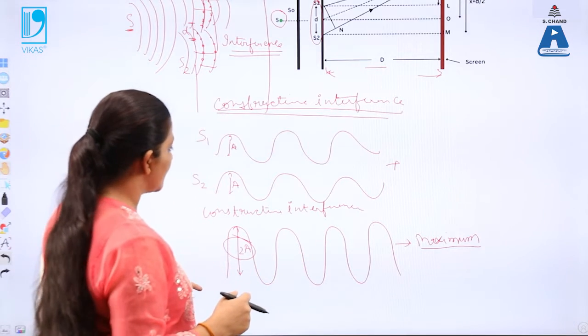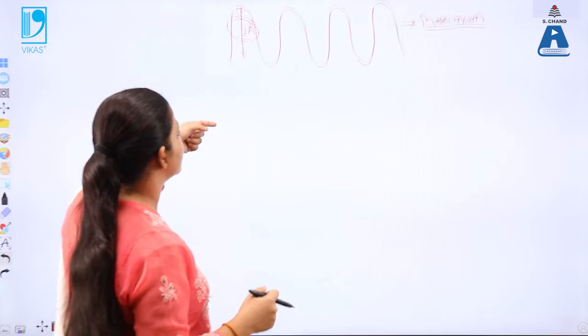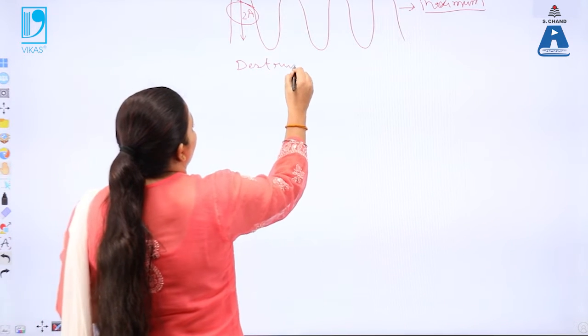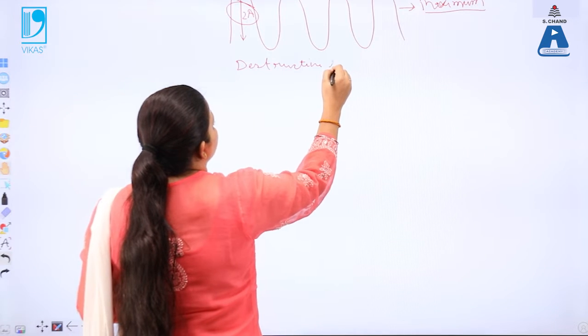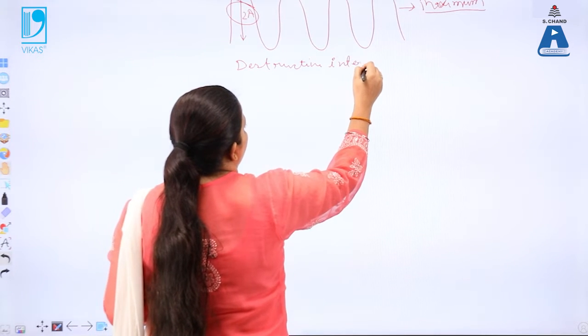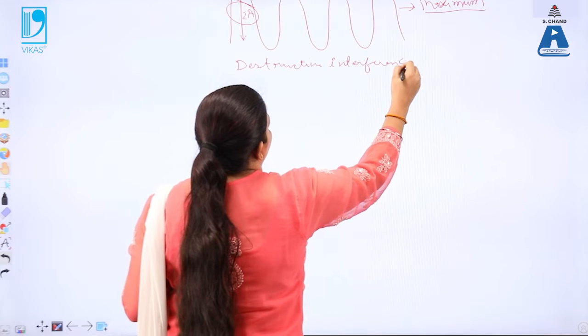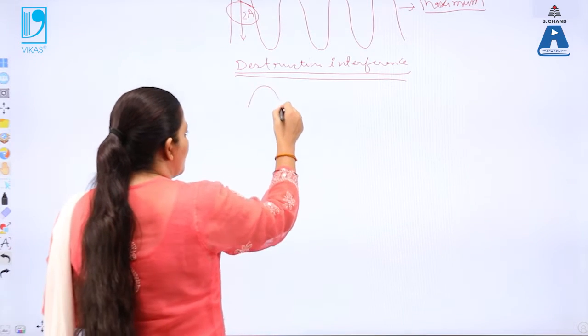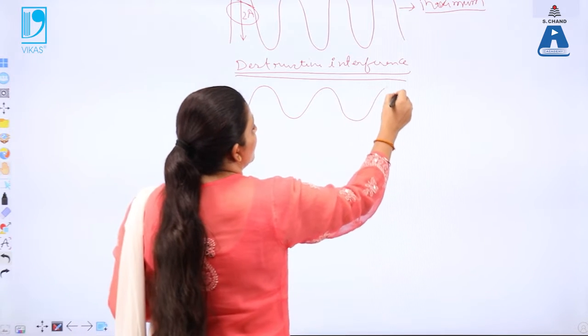Now the second case, where destructive interference must occur. Destructive interference means when maxima of one falls on minima of the other.